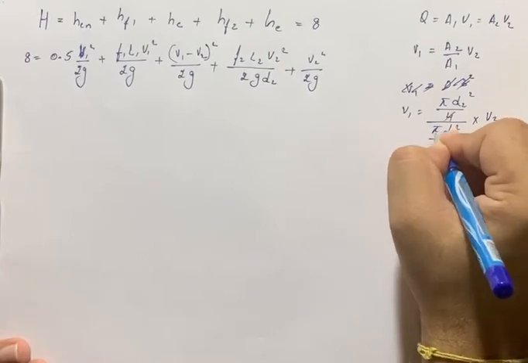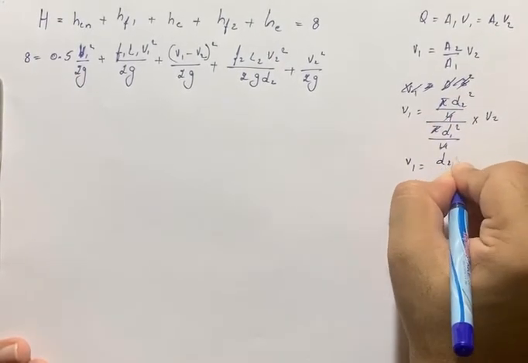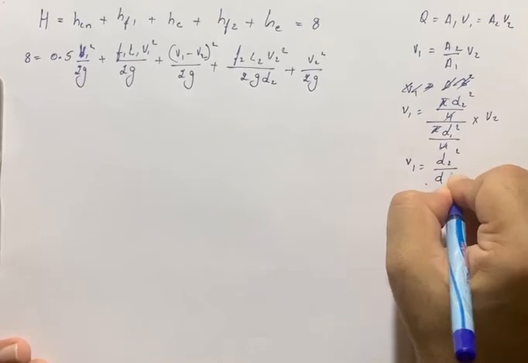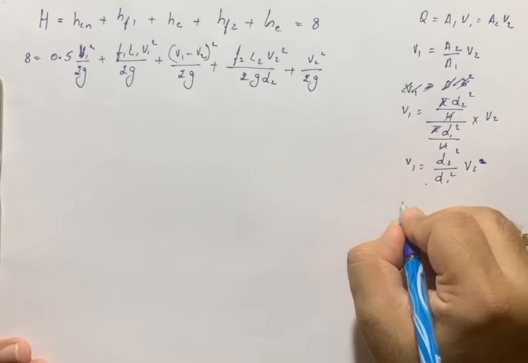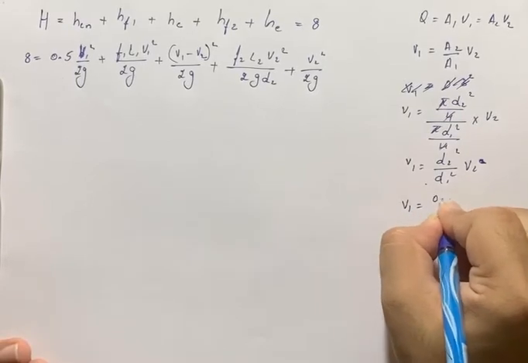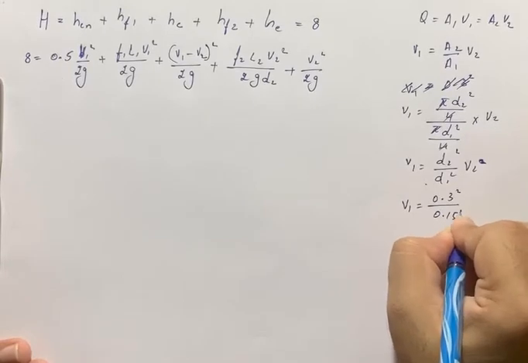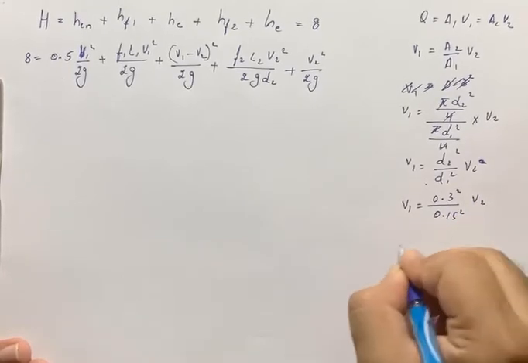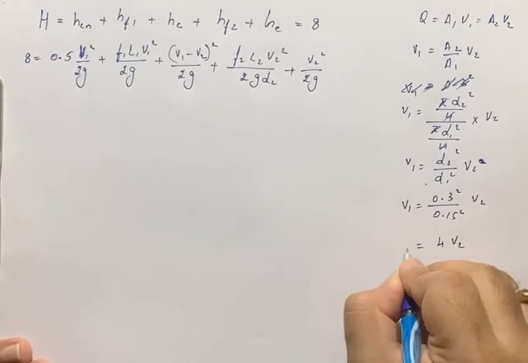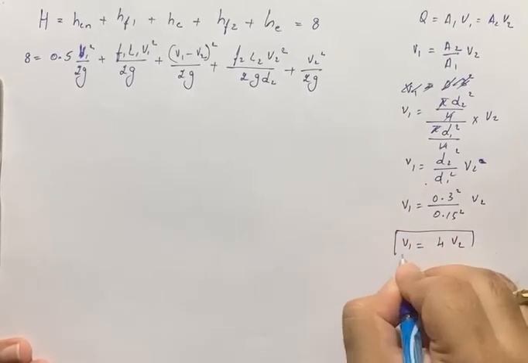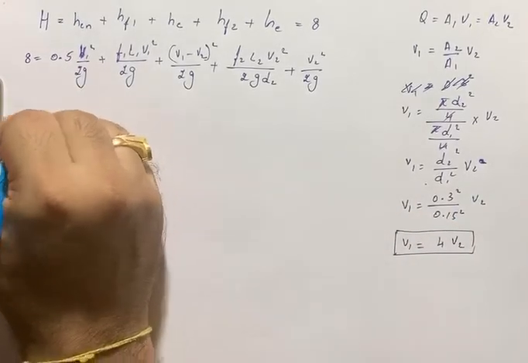The 4 and pi get cancelled, and the remaining is V1 is equal to D2 square divided by D1 square into V2, right. So V1 is equal to 0.3 square divided by 0.15 square into V2. This value will be 4 times V2, so V1 will be 4 times V2. Wherever we have V1, we can directly substitute 4 times V2 here.